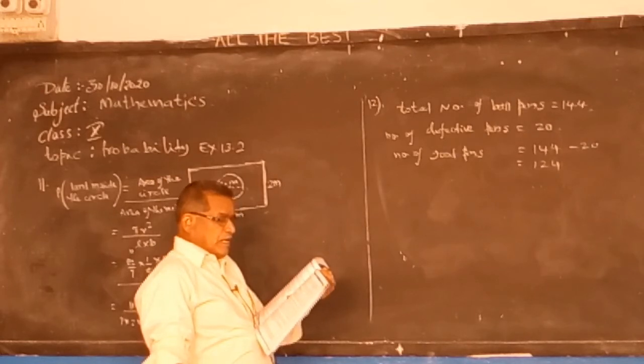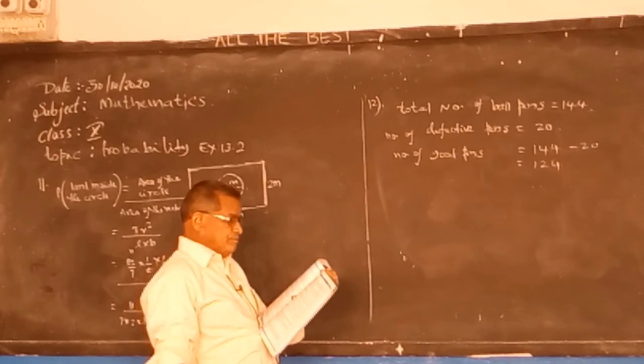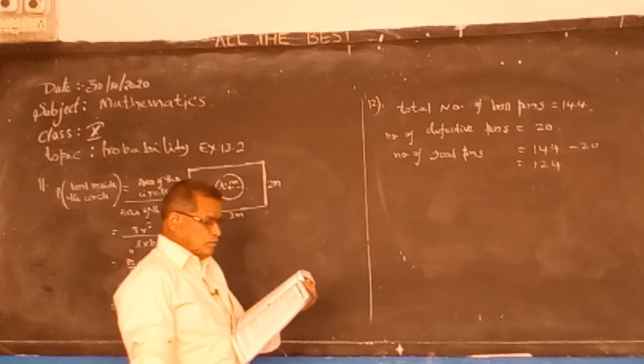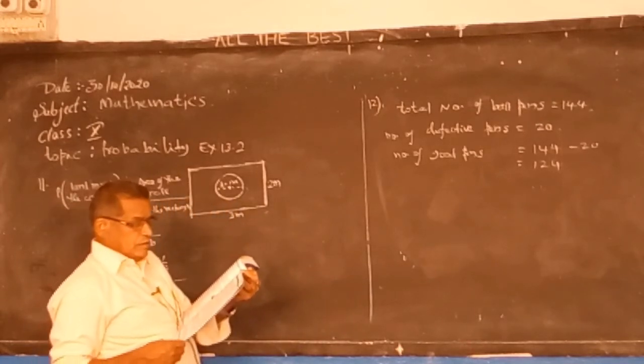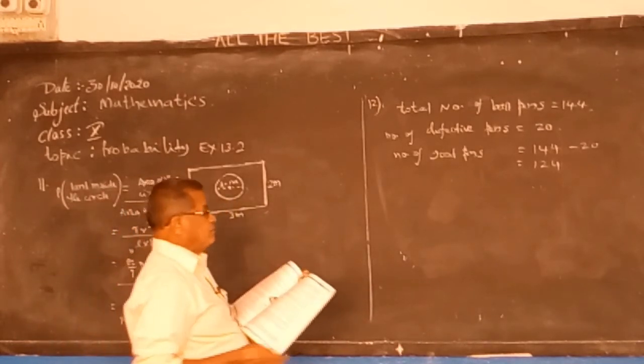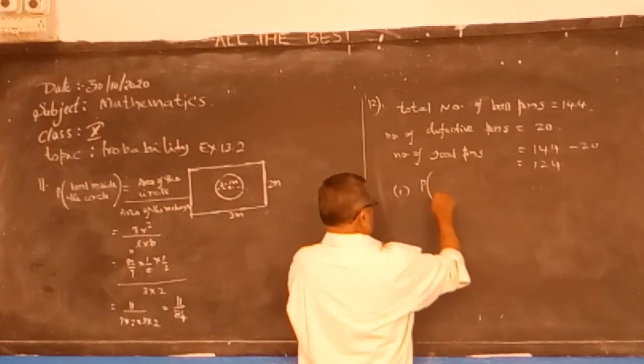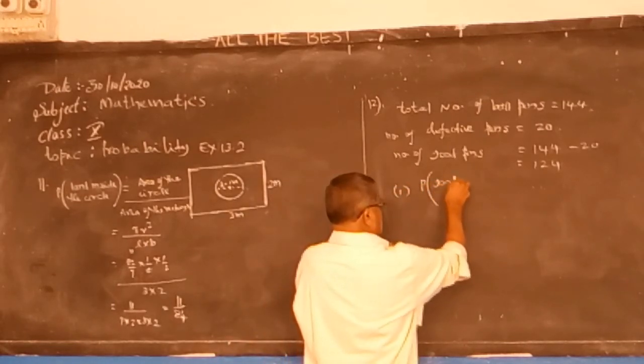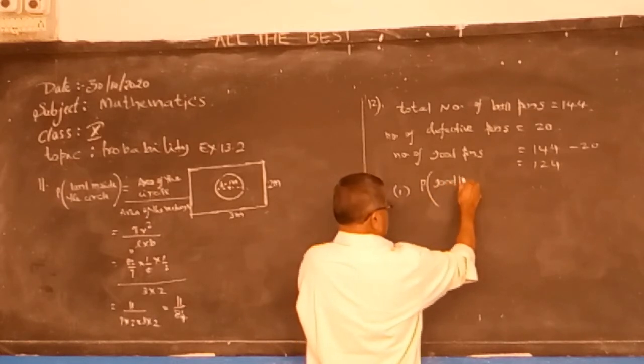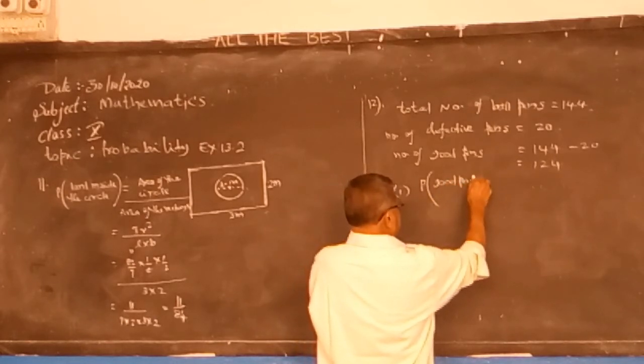The shopkeeper draws one pen at random and gives it to Sudha. What is the probability she will buy? We purchase only good pens, so the probability of a good pen.